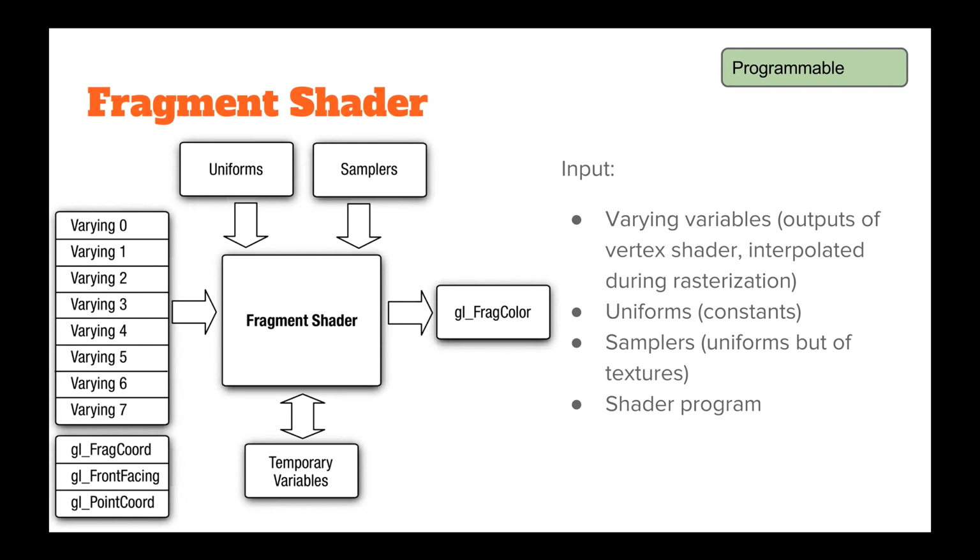Your fragment shader, just like your vertex shader, is able to take in uniforms, which can be changed once per draw call, as well as samplers, which normally contain textures. It's a way for your fragment shader to read into some block of memory, so it can say, give me the color of this texture at coordinate so and so, and it'll get back the color.